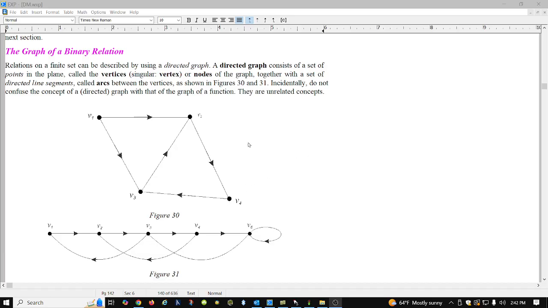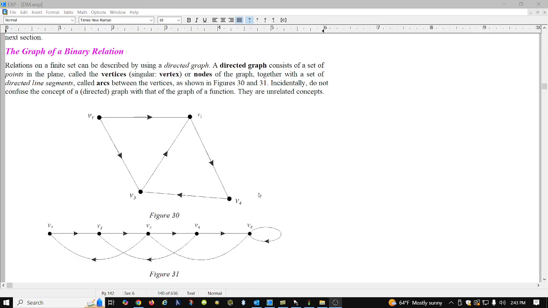They're also called nodes. Together with directed line segments, so we direct them with the arrowheads, called arcs. And the arcs don't have to be straight line segments like in this case here. So these are both separately directed graphs.